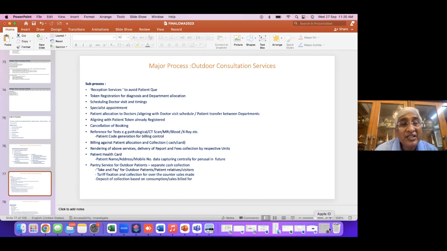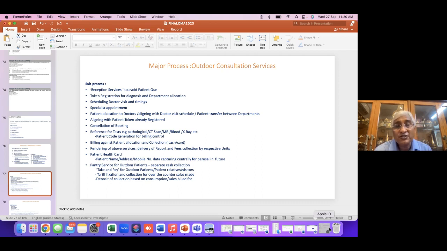If it is on the same day, there will be a huge rush, but on the other days there will be no rush. So, depending on the situation, the best foot forward should be considered for the specialist appointment. These doctors are specialist doctors, of course, because they are probably the best in that area. Accordingly, their time slot should be fixed for the patients.